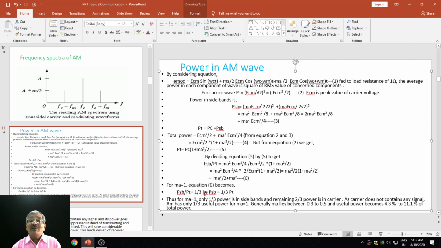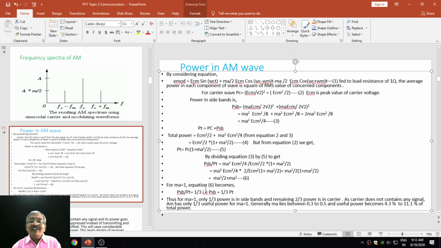Putting the value MA equal to 1 in equation number 6, we can get power in sideband upon total power is equal to 1/3. PSB upon PT is equal to 1 by 3. And that is, power in sideband is equal to 1/3 of the total power.